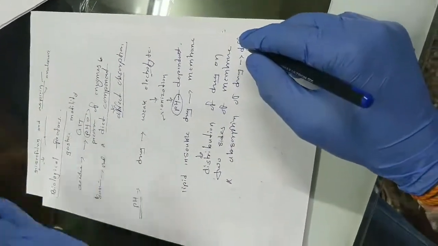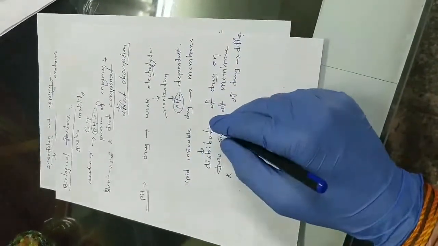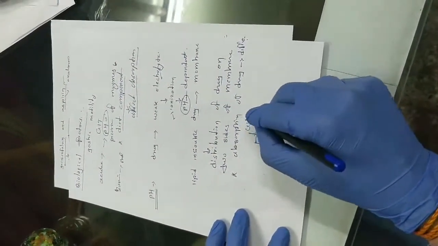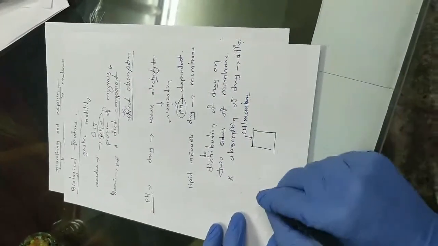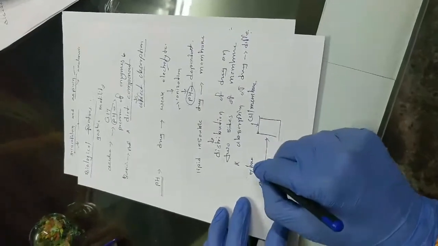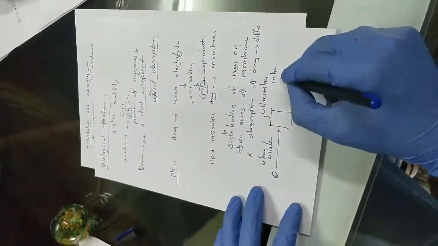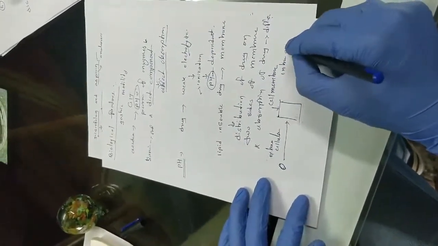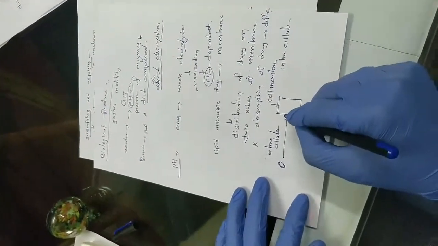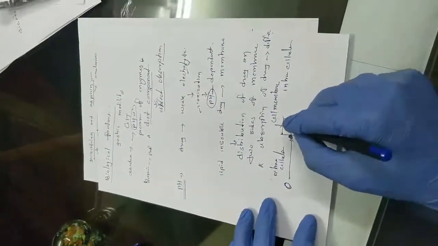Drug across the membrane, that is called absorption, but the pH is different on one side of the membrane. Now see the cell membrane. The drug is extracellular. The drug on one side comes here and diffuses across the membrane.